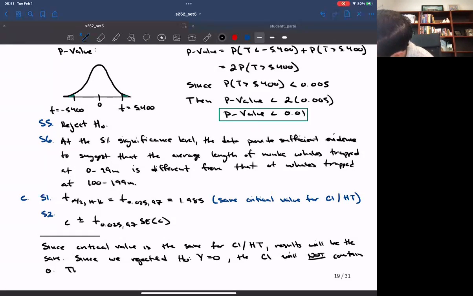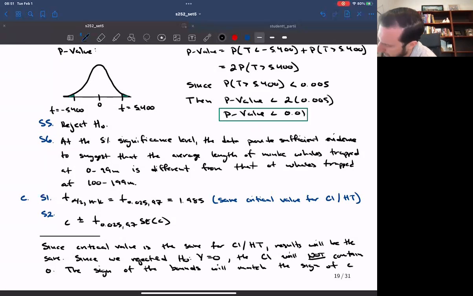The sign of the bounds will match the sign of c and t. Right?